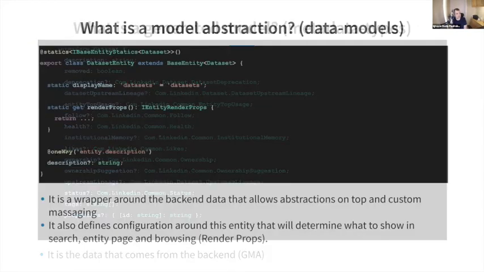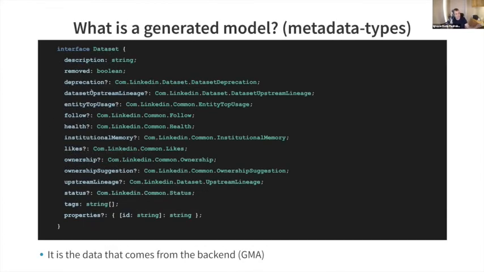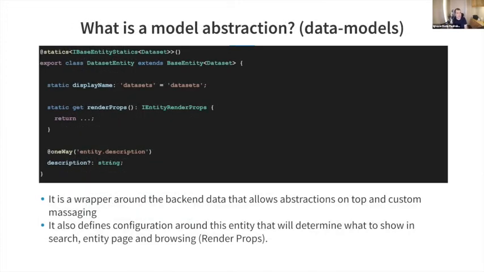So that's why we can do it one way, like an alias, but you can also do some computed function and transform the data. For example, if you need to combine description here with removed or some other field, you totally can do it. So you have more freedom and you're not that coupled with the data coming from the API. And then we have other static functions, for example display name.